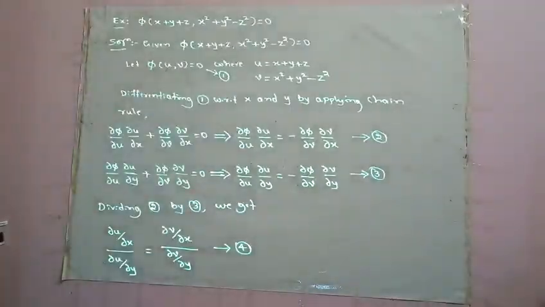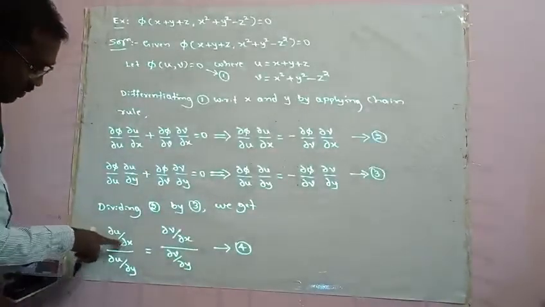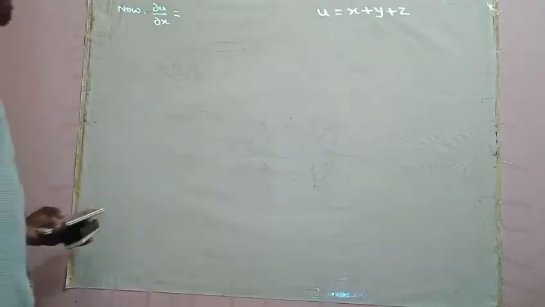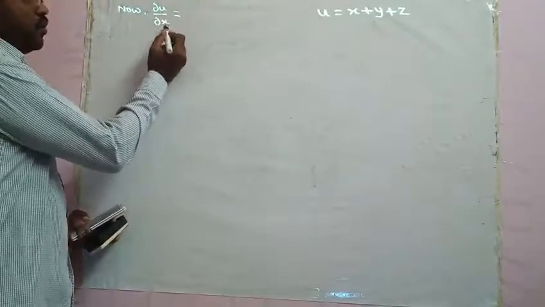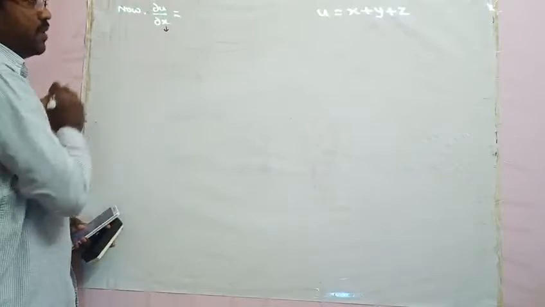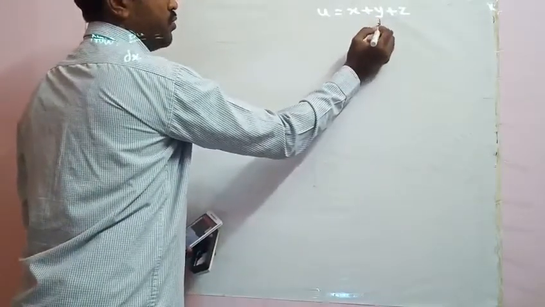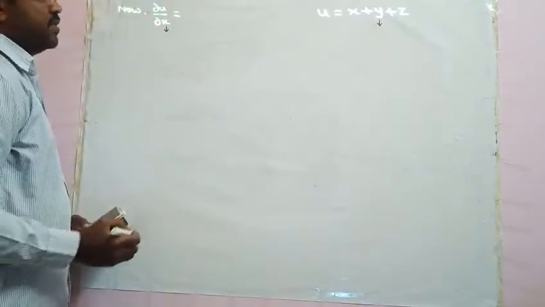First, let us find dou u by dou x, where u is this. Since we are differentiating with respect to x, y will be taken as constant.